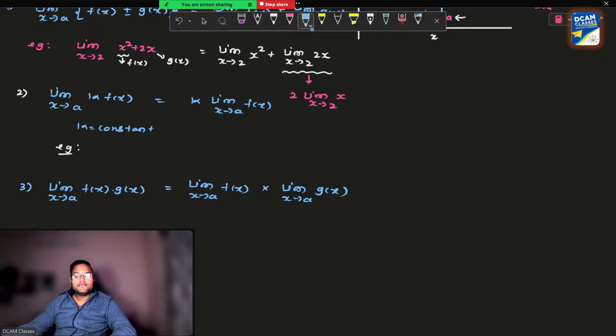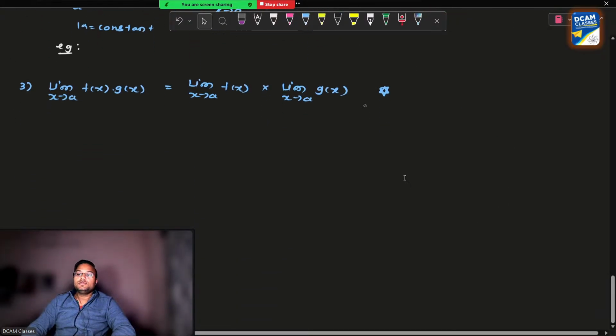This is somewhat different. I will mark this as important for you because this is against the trend. We have only one limit being applied to two different functions which are multiplied, so you can apply the limit individually to each function and then multiply them. That won't change the result.